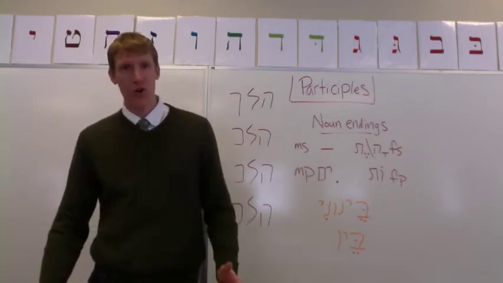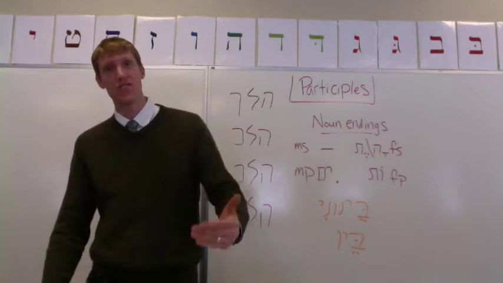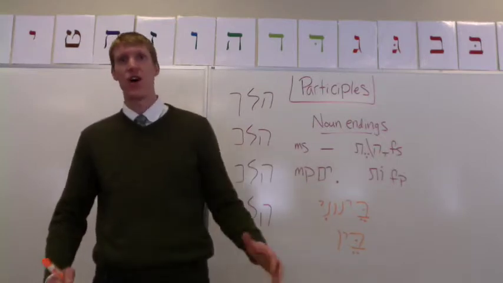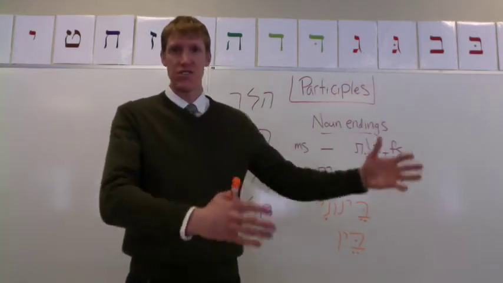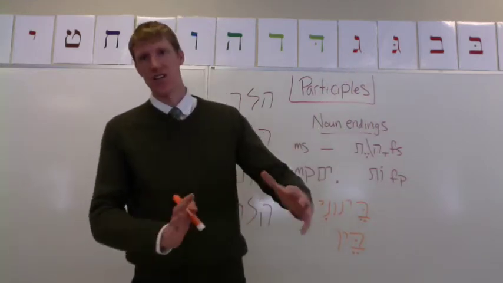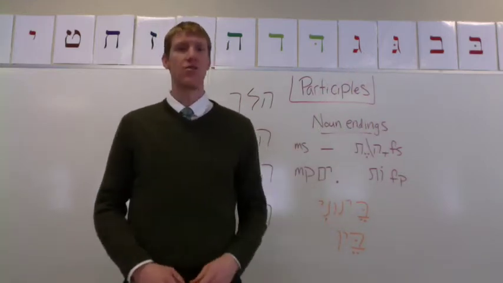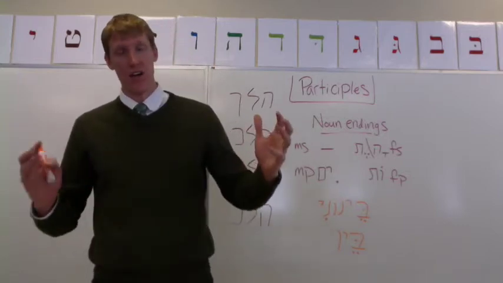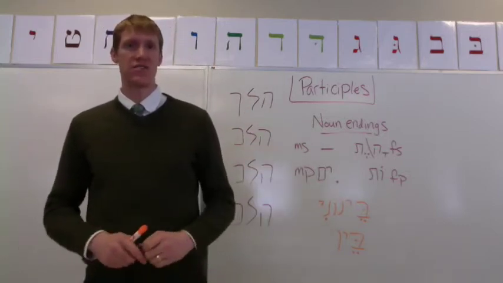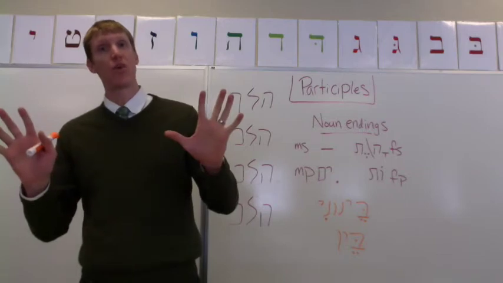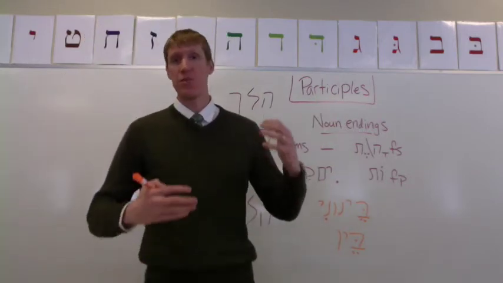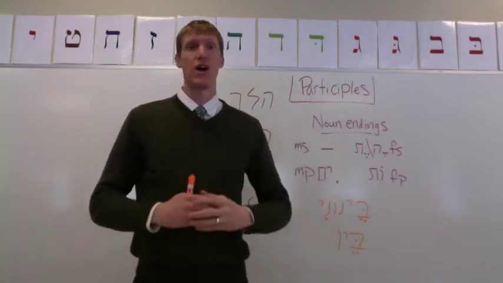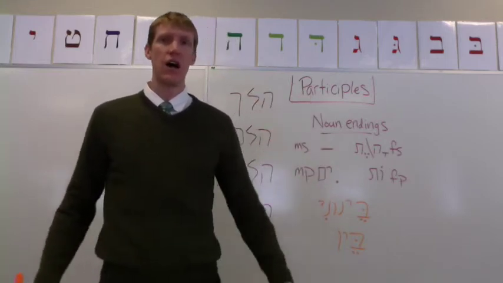And those vocal patterns are unique to each stem. In another video, I'll give you examples of participles in each of the 7 stems, and they each have a consistent and unique vocal pattern, as well as visual signs that tell you not only I'm a participle, but I'm a hif'il participle, or I'm a nif'al participle, or I'm a pa'al or kal participle.